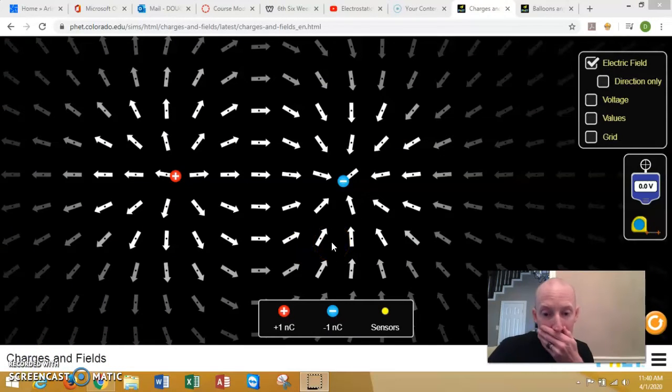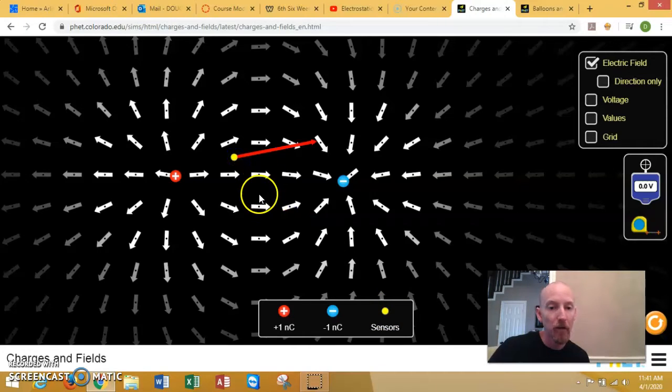So, just like gravity fields, in order to know what's going on with our gravity field, you take your test mass and you put it out there and you just let it go, right? On an electric field, you can do the same thing. You can take a little, what's called a test charge, and you stick the test charge out there, and that test charge will show us what's going on.